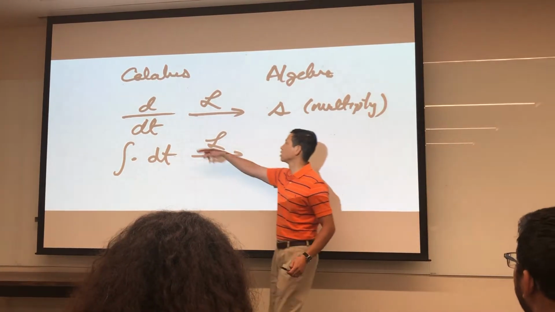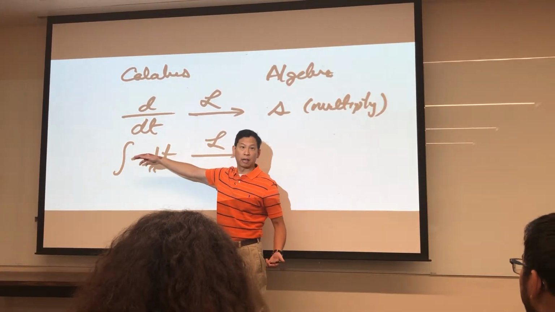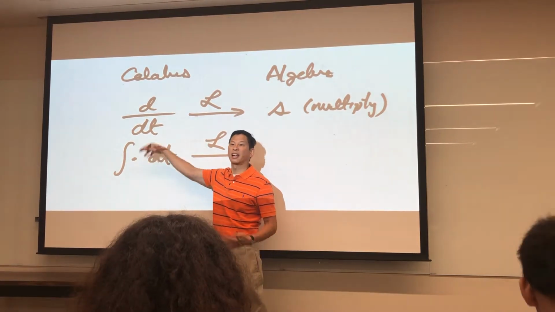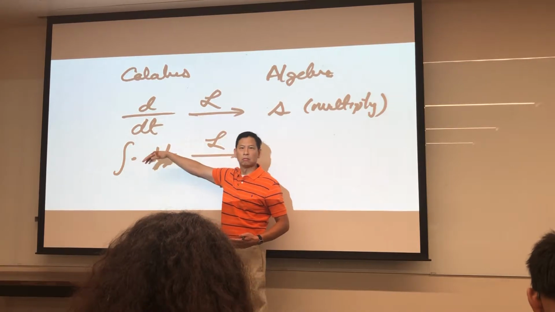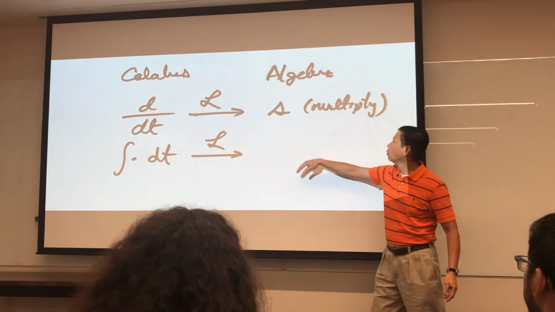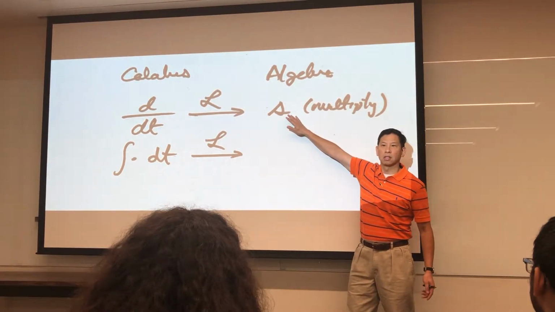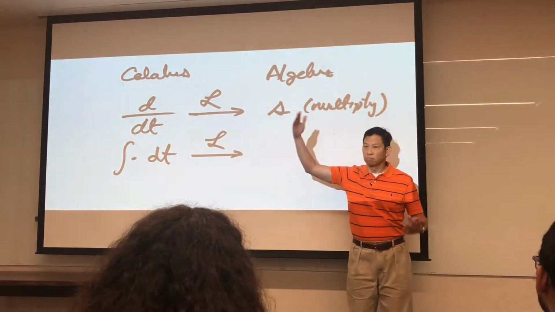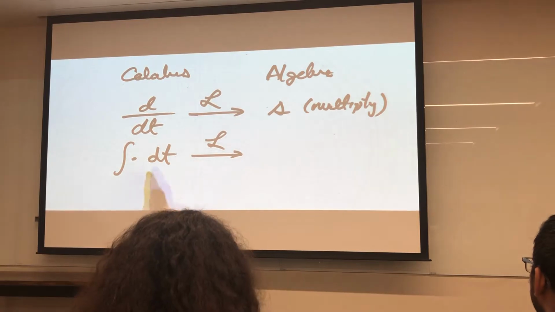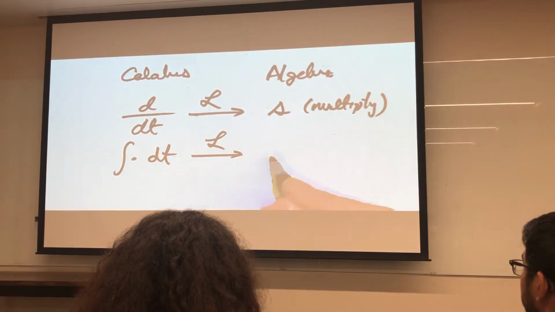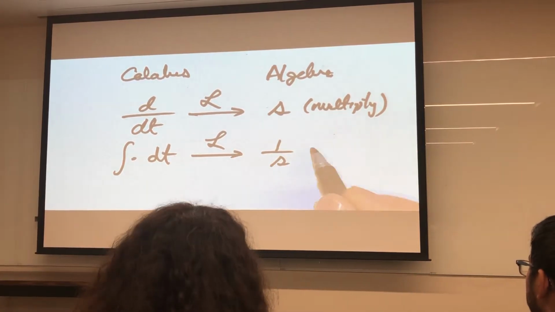If I differentiate something and I want to undo it, I have to integrate it. Or if I integrate something and I want to undo it, I have to differentiate it. So they're kind of the opposite of each other. What is the opposite of multiplying by s in algebra? Dividing by s. So all of a sudden, rather than doing a calculus operation, what I need to do is divide.